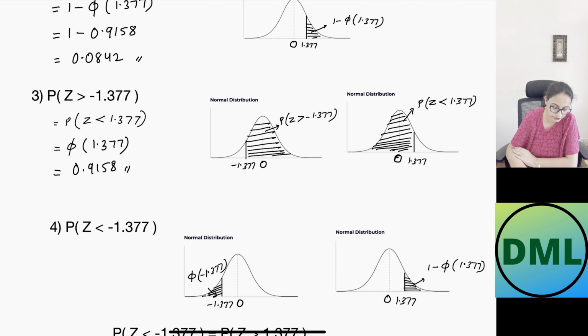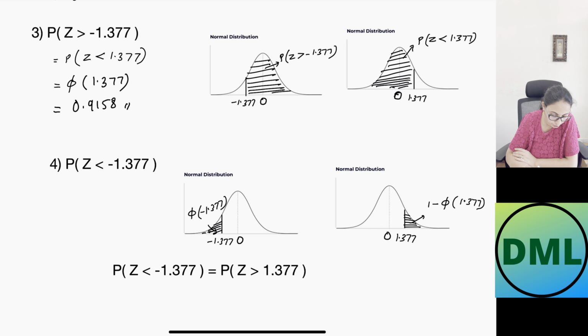Let's see the fourth question here. Probability of z less than negative 1.377. The value is negative. It will lie somewhere here below 0, negative 1.377. I am talking about the lesser than part, that means I am talking about this part. By the symmetry of the curve, this will be the same as the greater than part for 1.377. Let's write down here first.